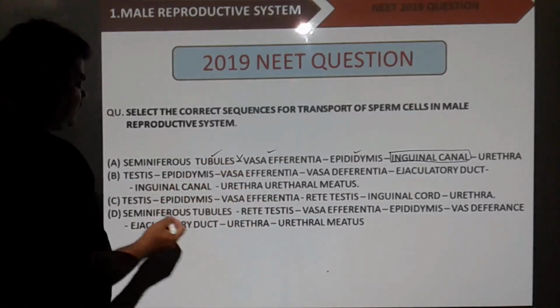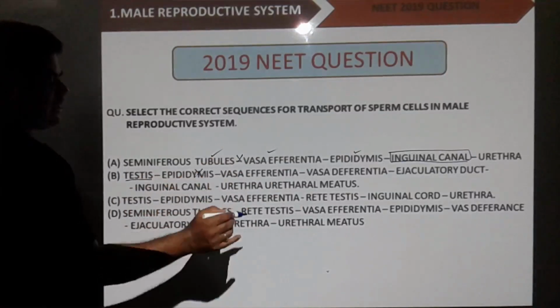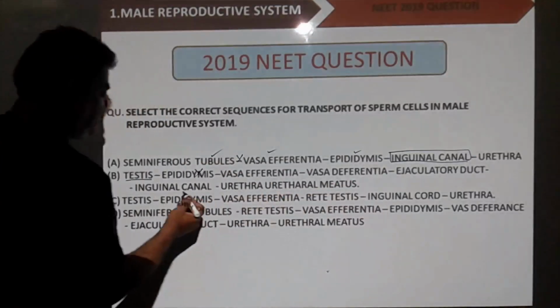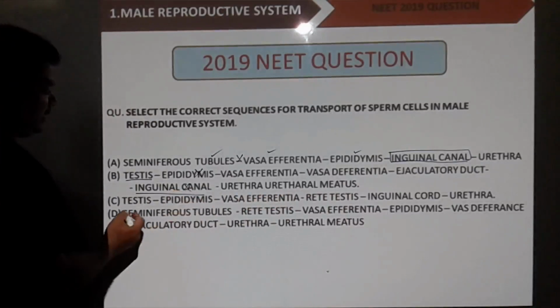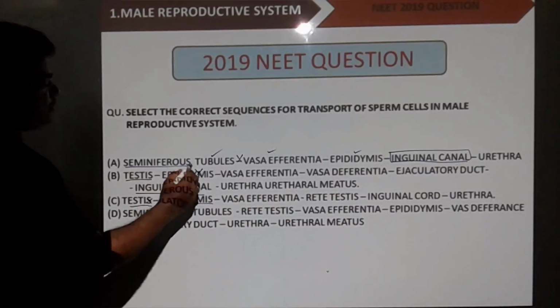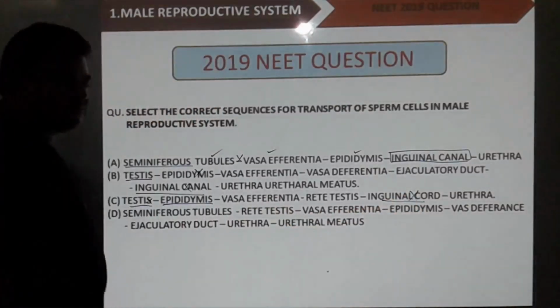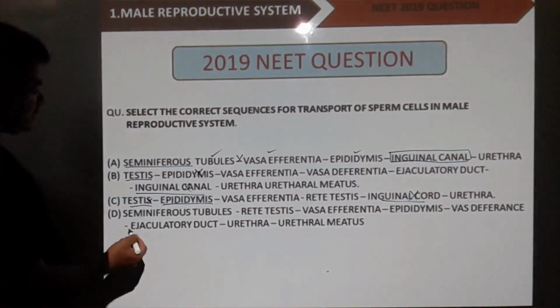This is not a correct answer. Next, testes, then epididymis again. Here also see the inguinal canal. Next, testes, then epididymis, not testes, here the seminiferous tubule is needed. Vasa efferentia, rete testis, inguinal cord again. It is not a correct answer.